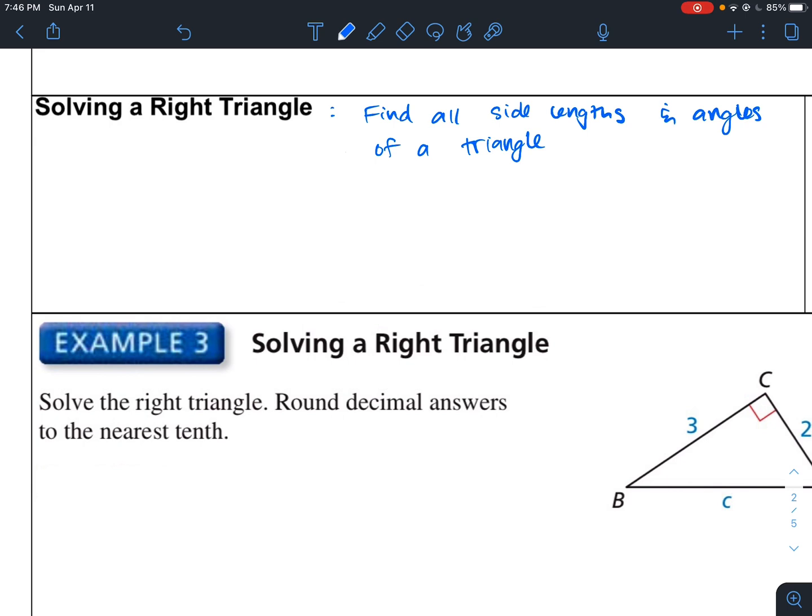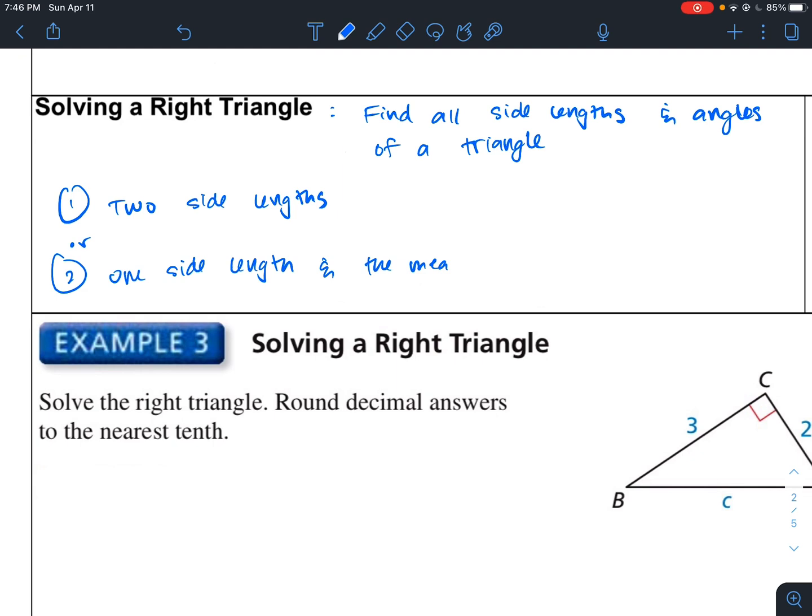Okay, now you can solve for a right triangle if you have two side lengths, or if you know one side length and the measure of one acute angle.